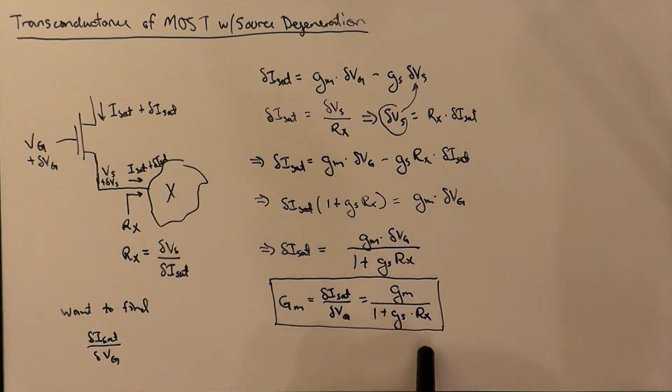And so that'll have an infinite incremental resistance Rx, and so we would get a GM of 0 because we'd be dividing little gm by basically 1 plus infinity here. And so those extreme cases check out with this formula, and it makes sense for positive gs and Rx.